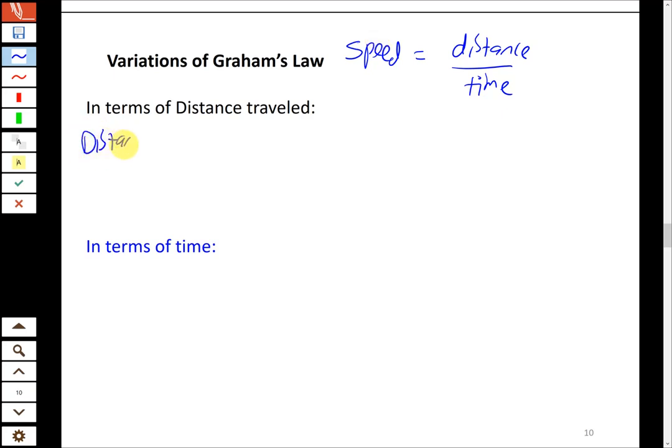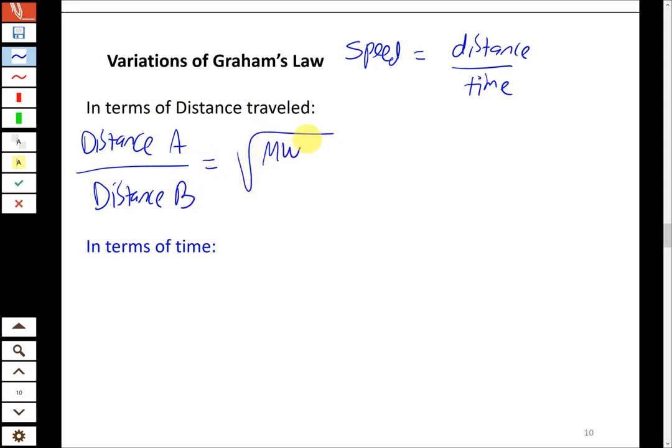If you're talking about how far a gas diffuses in a certain period of time, the ratio of those two is again going to be given by the same equation, inversely related to the square roots of the molar mass. So this is the same as the equation we derived for rates of effusion or diffusion. We're talking about the distance that they travel, which is more related to diffusion, but nonetheless, if we're talking about the distance that a gas travels in a certain period of time, it's the same equation that we just derived.